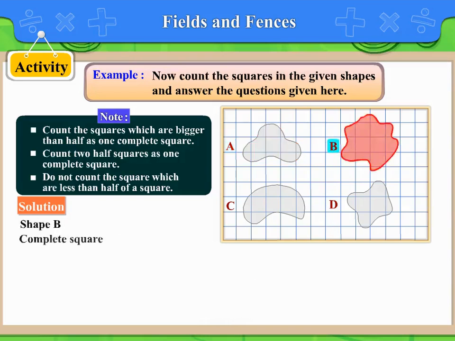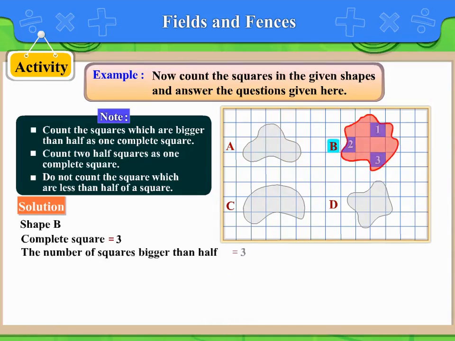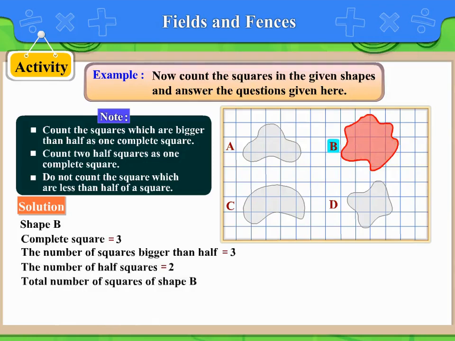In shape B, there are 3 complete squares in all. The number of squares bigger than half is 3 and the number of half squares is 2. So, there are in total 3 plus 3 plus 2 into 1 upon 2, which is equal to 3 plus 3 plus 1, equal to 7 squares.